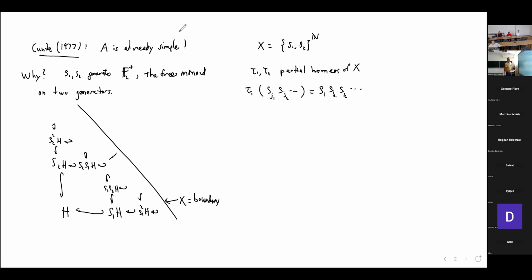So basically it's just shifting to the right, for i equals 1 or 2.